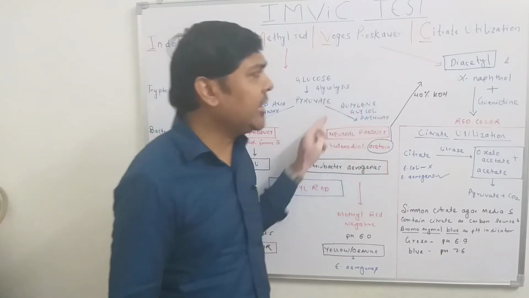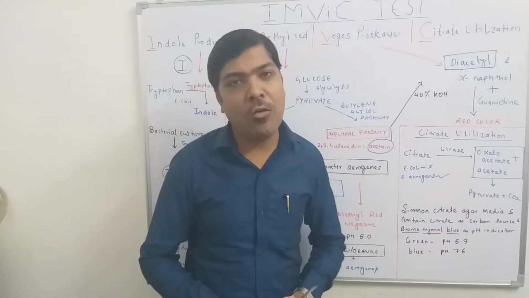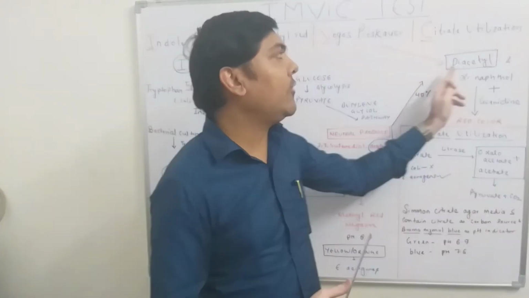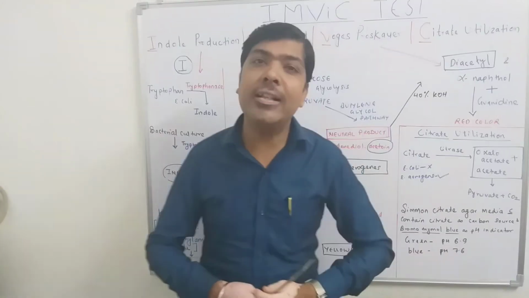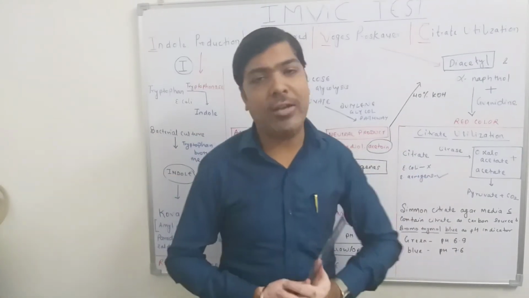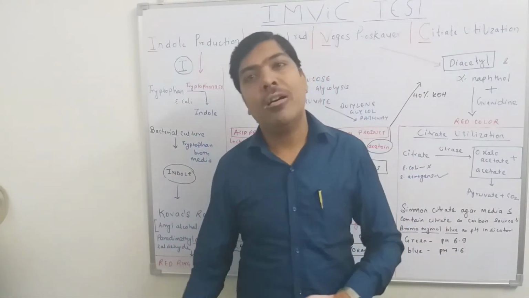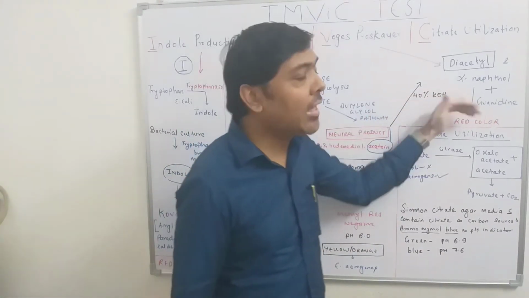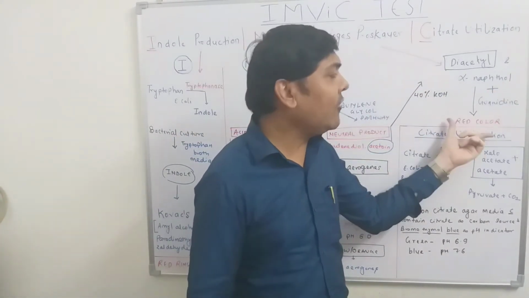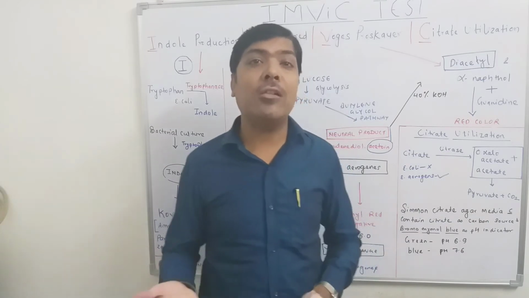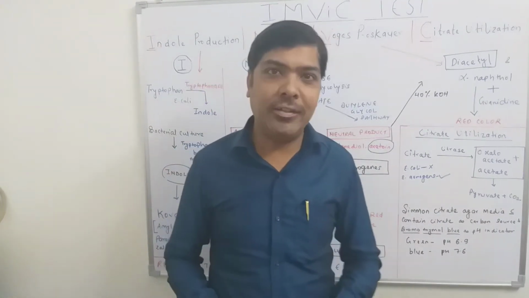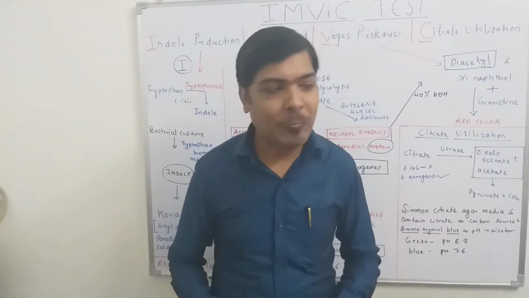We have to add 40% KOH, which results in the formation of diacetyl, and further this diacetyl, in the presence of alpha naphthol and guanidine, gives a red color. So after performing these two additional steps, if the red color is observed, then we can confirm that Enterobacter aerogenes is available in our sample.